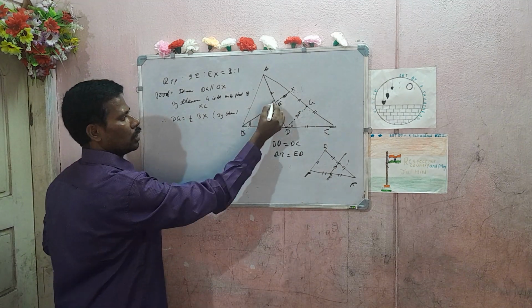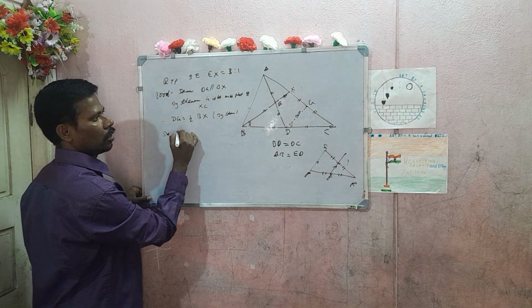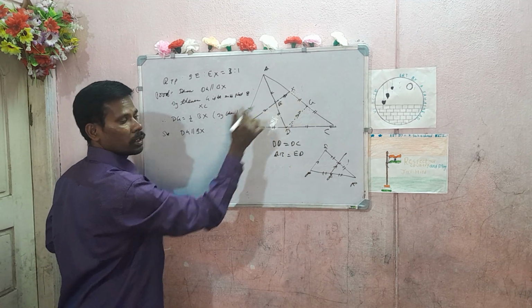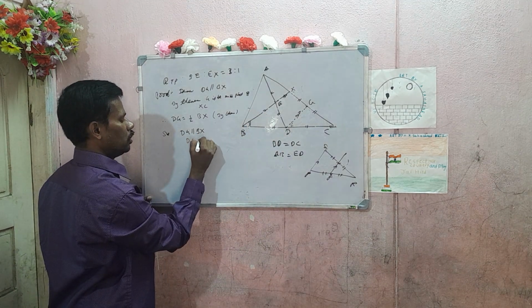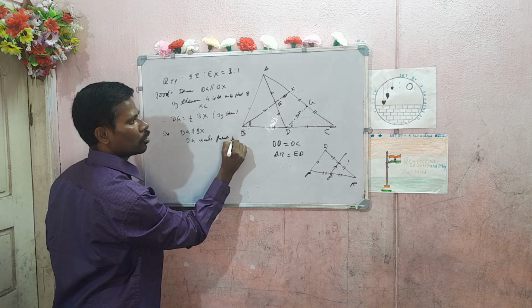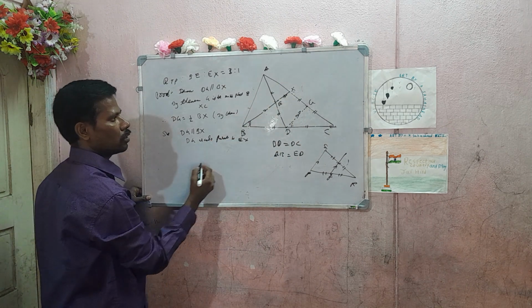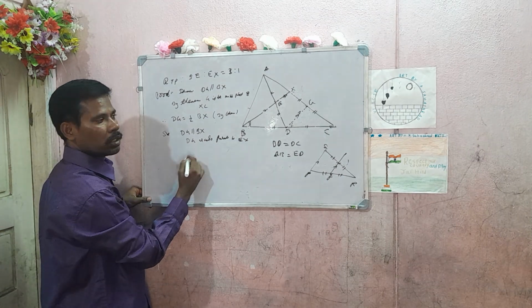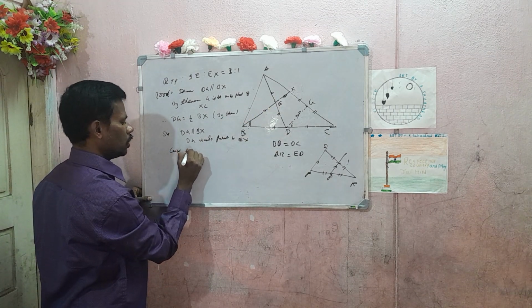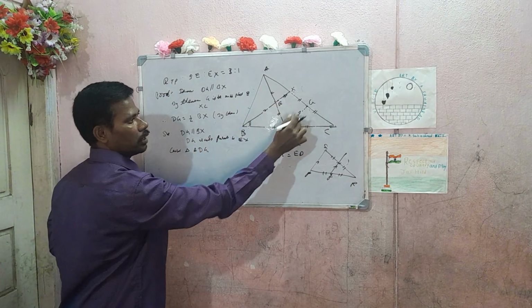Next, come back to this. Since DG is parallel to BX, DG is also parallel to EX. Next, again apply this. Consider triangle ADG.